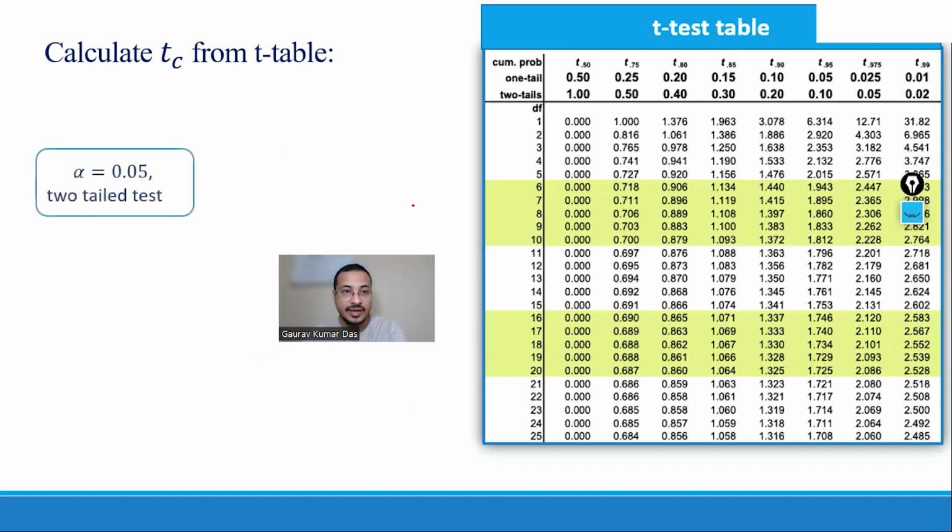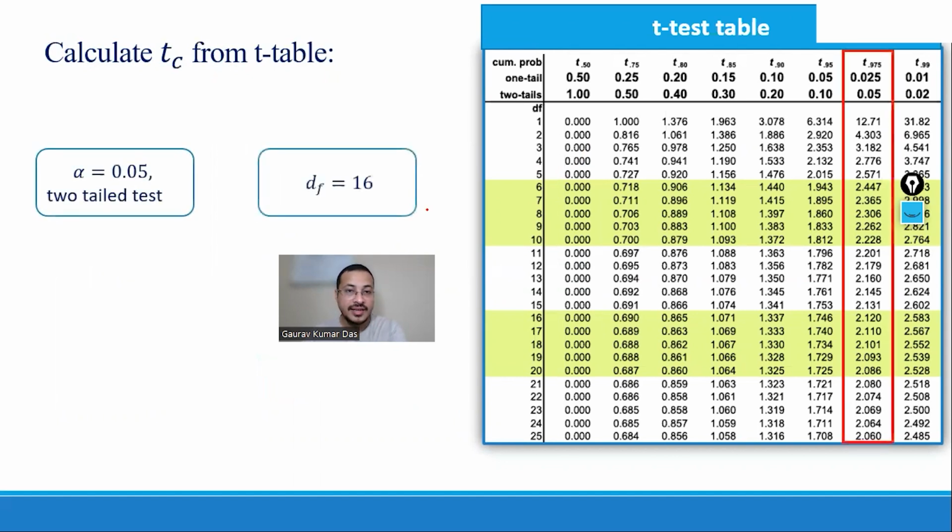How do we calculate it? Alpha was 0.05 and it was a two-tailed test, and degree of freedom was 16, correct? So my degree of freedom is here, and alpha was 0.05, that too for a two-tailed test. You can see here, this is the two-tailed test and this is my alpha.